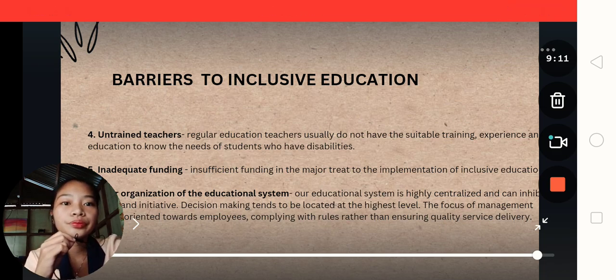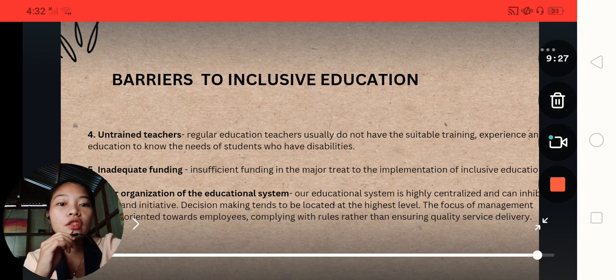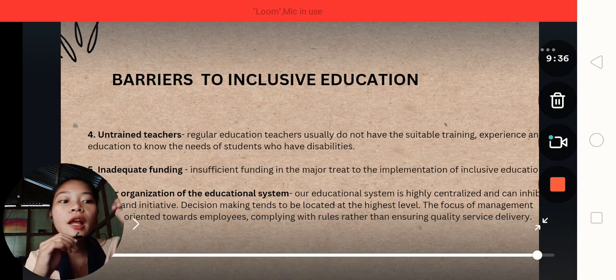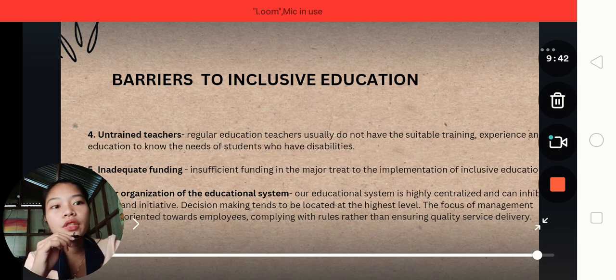So when there is inclusive education, we make an effort to include gifted students, street and working students, students from remote and nomadic populations, students of linguistic, ethnic, or cultural minorities, and students from other disadvantaged or marginalized areas or groups.